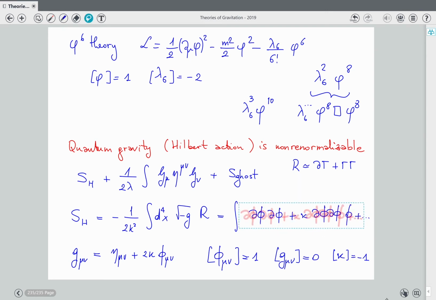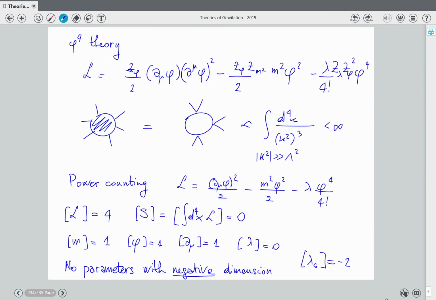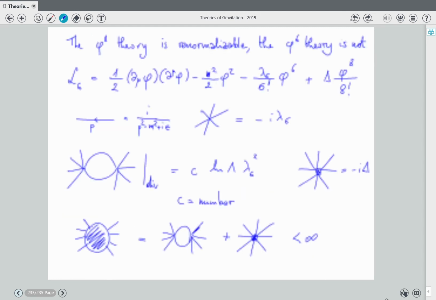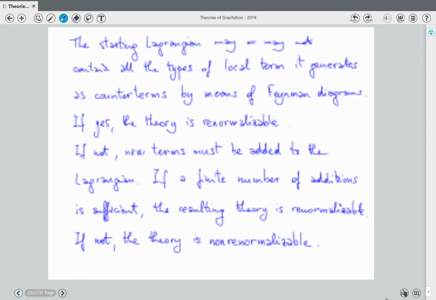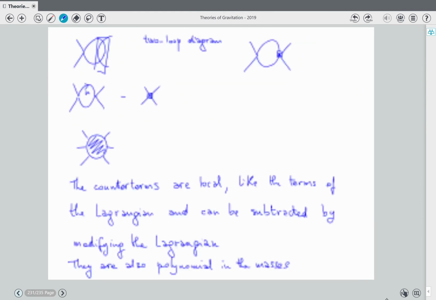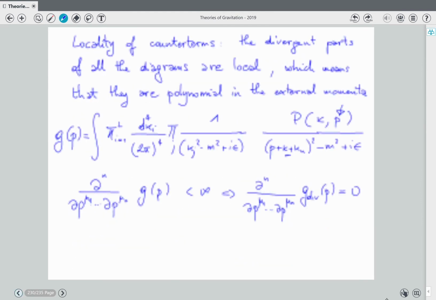So you see it's different from the phi to the 4th theory. If you want, you can go on. With 4 phi, you can have something like this. There are not just 4 phi's like in phi to the 4th theory. There are 2 derivatives. And those 2 derivatives raise the degree of divergence of every diagram, because you will not have a constant vertex like you had in phi to the 4th.